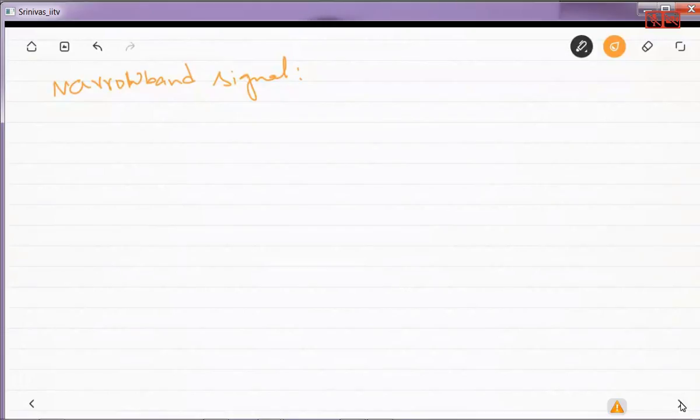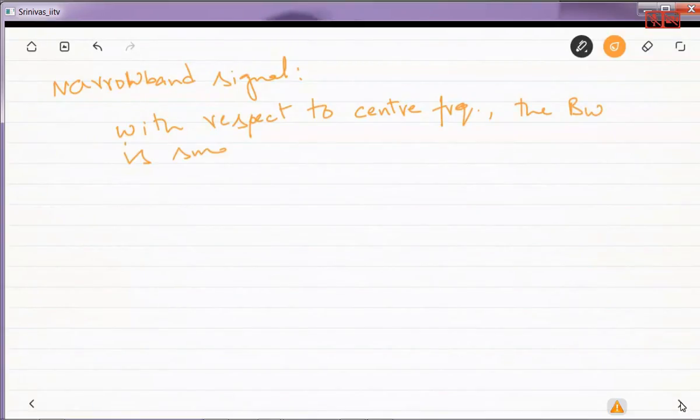In a narrowband signal, with respect to its center frequency, the bandwidth (BW) is small.